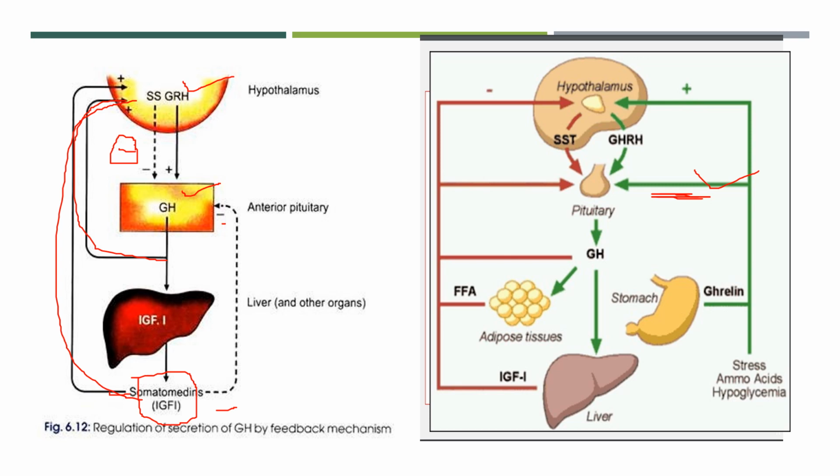Another important factor, recently discovered, is a new growth hormone releasing factor known as ghrelin, that has a positive action on both the hypothalamus and the pituitary and enhances the release of growth hormone.